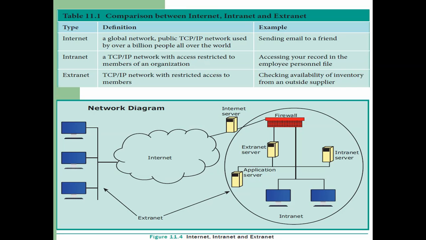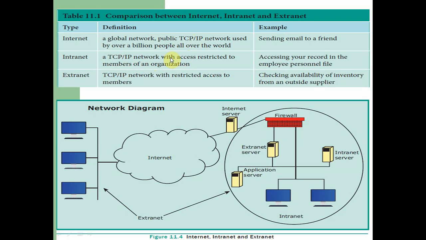Now here in this tabular column you can see the difference between internet, intranet and extranet. First point, internet. It is a global network publicly available for everyone, where we use a TCP/IP network used by over a billion people all over the world. In an intranet, it is a TCP/IP network with access restricted to the members of an organization.